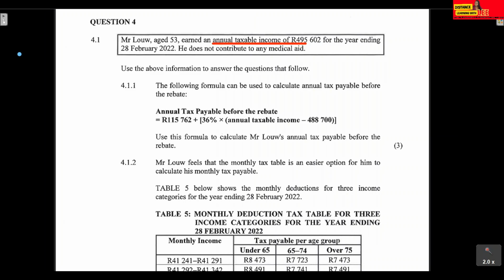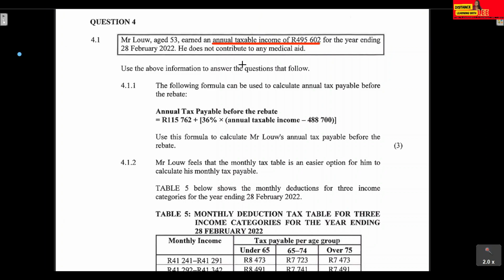The annual taxable income is 495,602. Okay, so the income that Mr. Low earns per year is 495,602. Okay, and we are also told that he does not contribute to any medical aid.